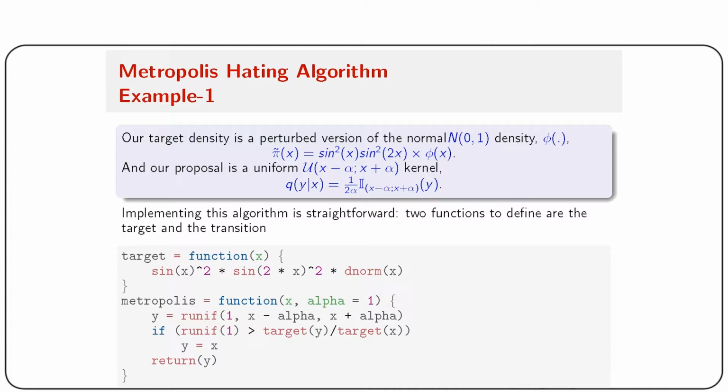Otherwise, y would remain the same as the previous state. So these are the two functions that I defined: one is the transition step, another is the target density.